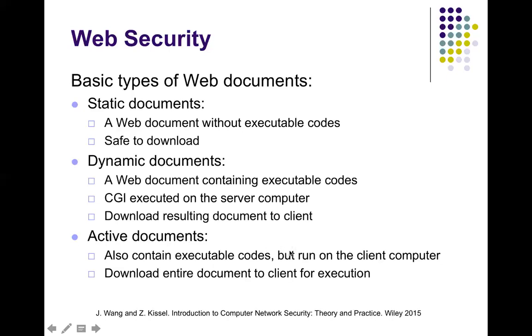Java applet is first compiled into assembly for the Java virtual machine. So when you download a Java applet, you download that executable to your local machine. And then when you run it, that assembly code for the Java virtual machine will be converted to machine code for your local machine. Hence, you run that program.